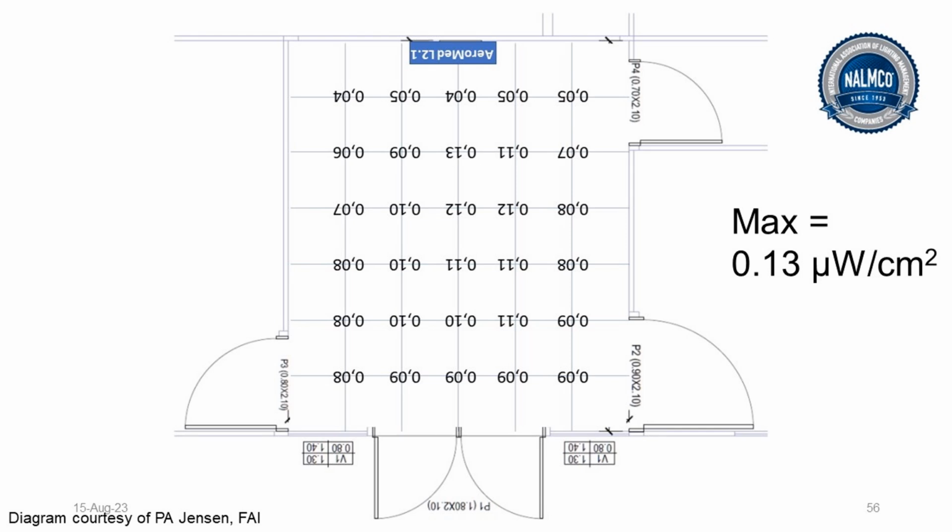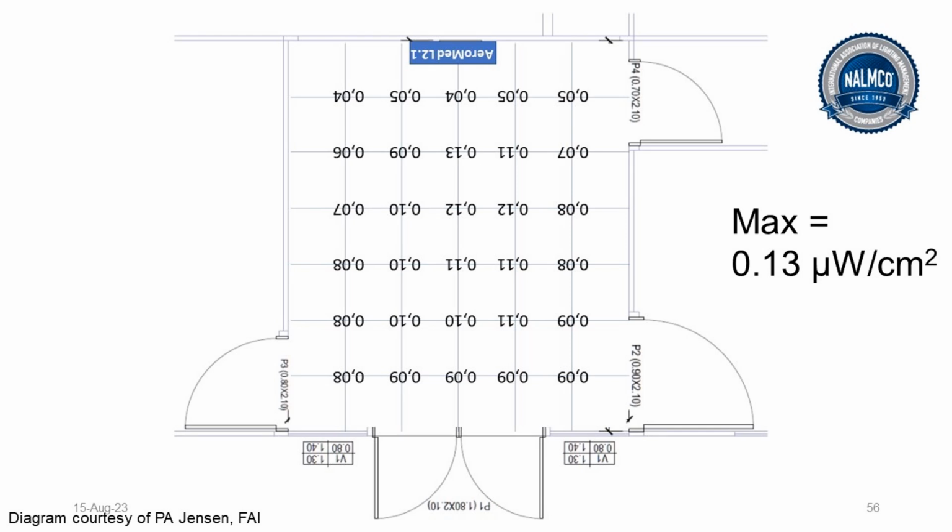We went straight out, then we went to the right, straight out, to the right, straight out. So we actually have a 5x6 grid of readings. Because we had such a high ceiling and no obstructions, we were able to point this upwards and stay below even the TLV exposure limit.